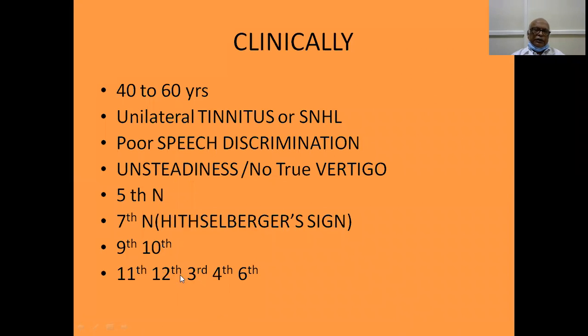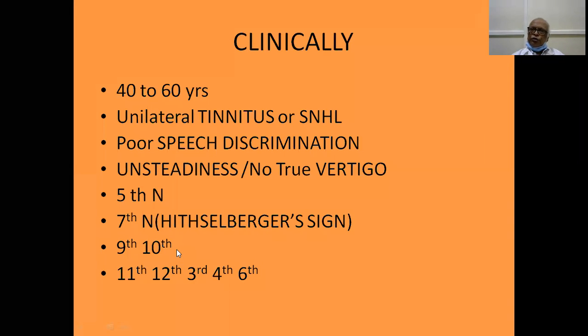And not only that, if the tumor increases inferiorly, as mentioned earlier, it will involve the ninth nerve, that is the glossopharyngeal nerve, and also the 10th nerve, resulting in palatal and pharyngeal paralysis and also laryngeal paralysis, vocal cord paralysis.